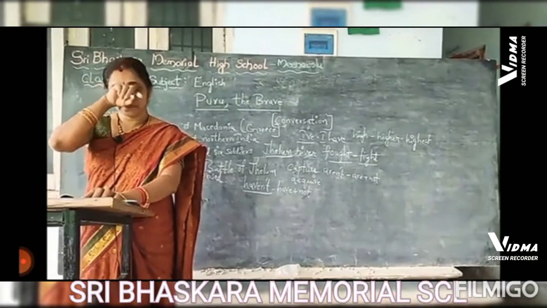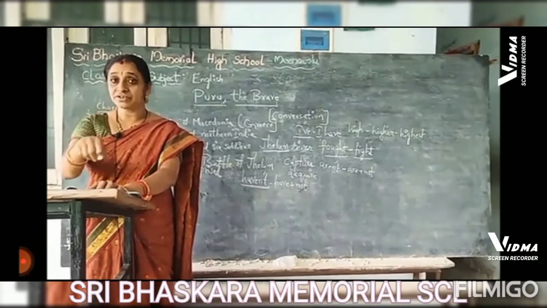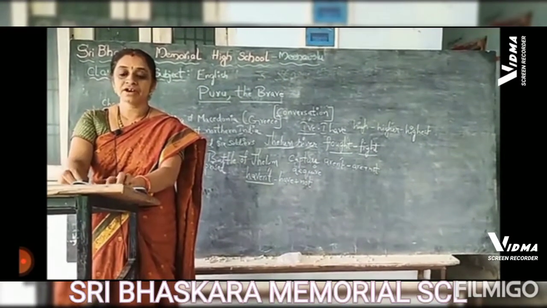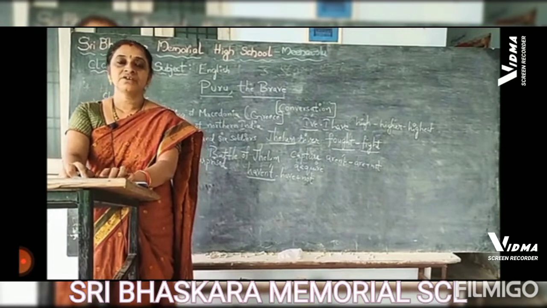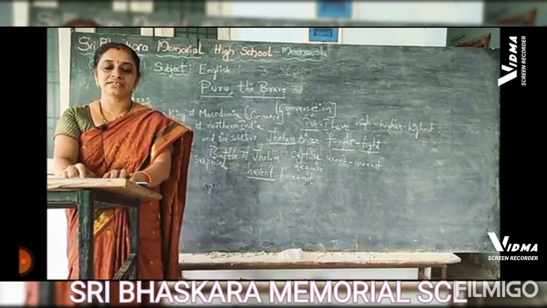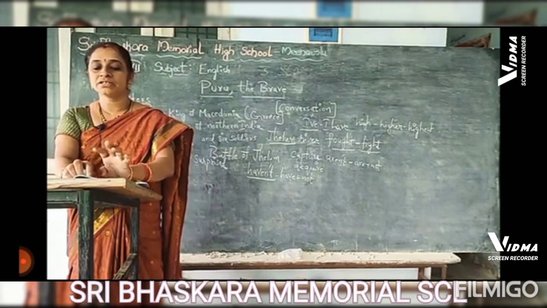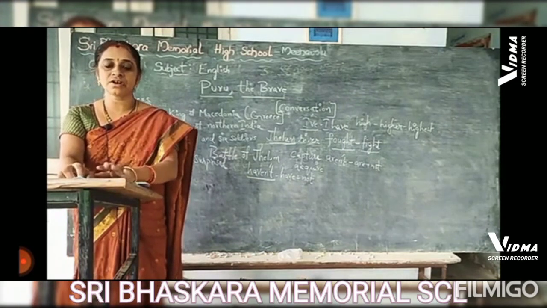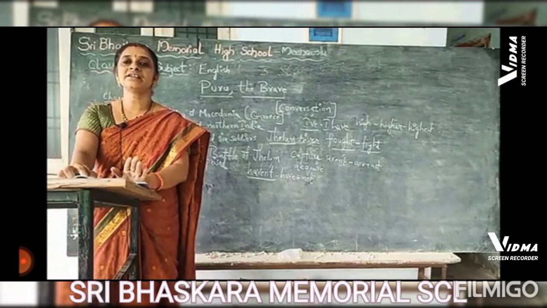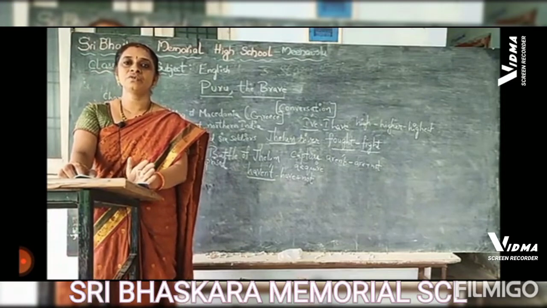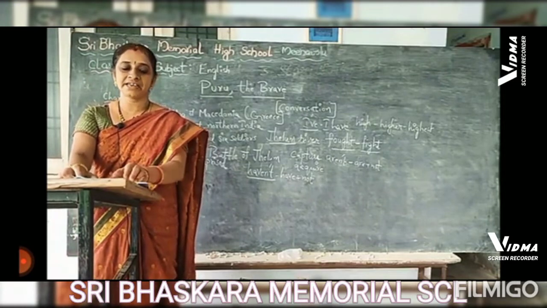In olden days, before independence, as I told you, wars were done. In those wars they used swords. Here PURU also fought in the war with his sword, and he killed hundreds of men. Whose men? Alexander's men.